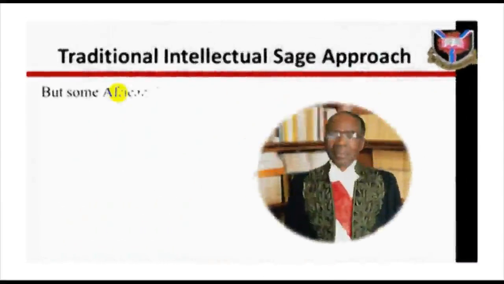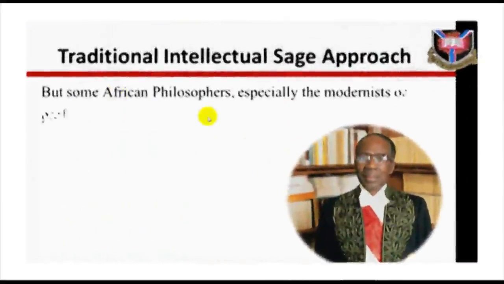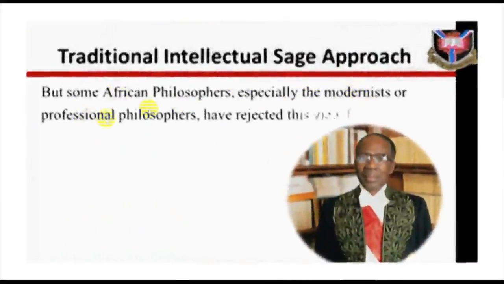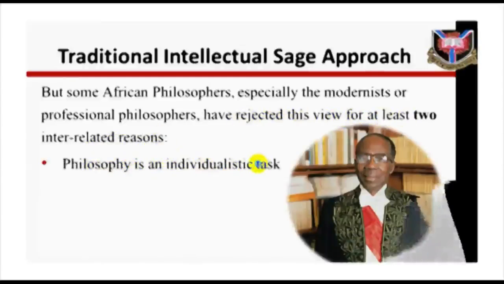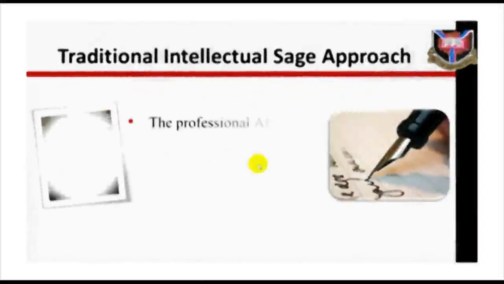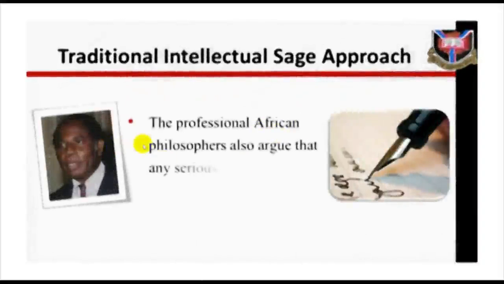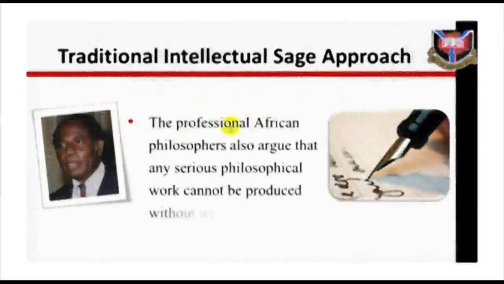But some African philosophers, especially the modernists or professional philosophers, have rejected this view for at least 2 interrelated reasons. First, philosophy is an individual task. This means that real philosophical opinions can only be expressed by one person. But the so-called traditional intellectual class in Africa merely repeats the popular community views.